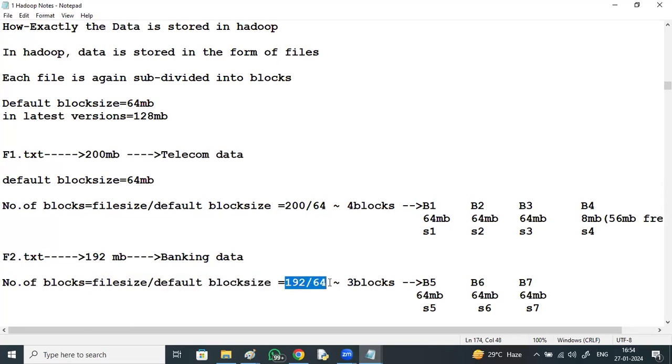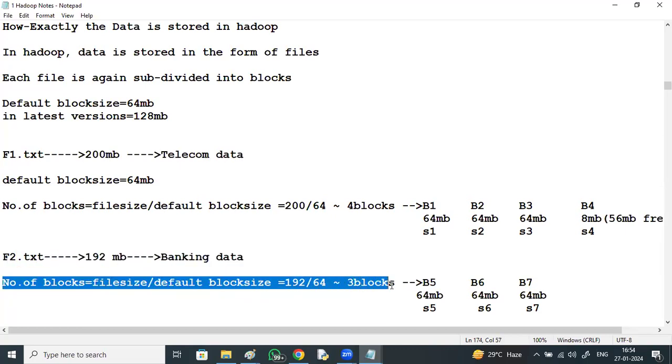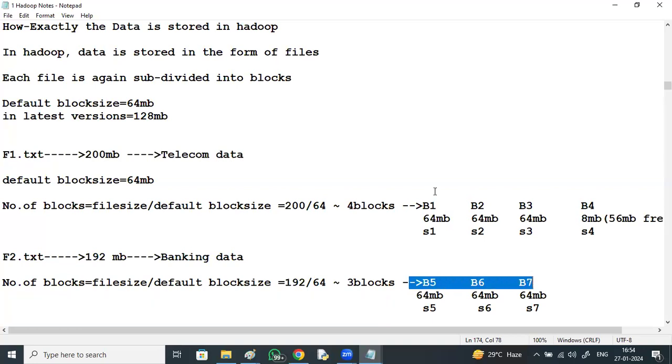File size is 192, default block size 64, so totally 3 blocks for f2.txt. Assume B5, B6 and B7. These 3 blocks are stored in 3 different slaves.